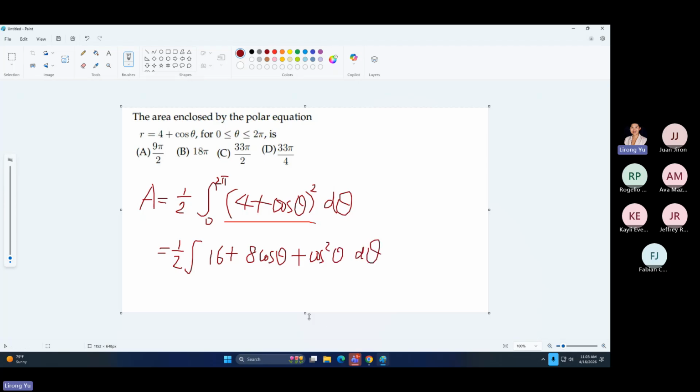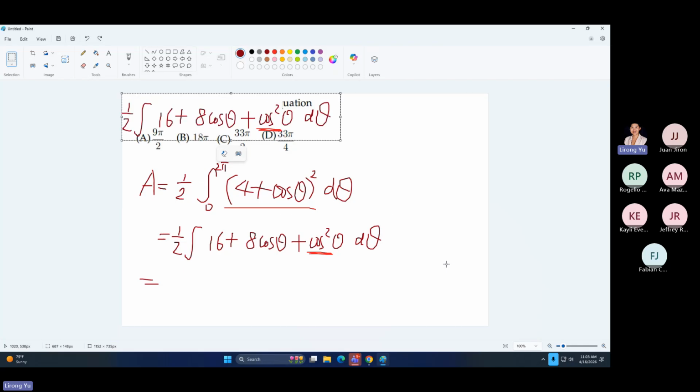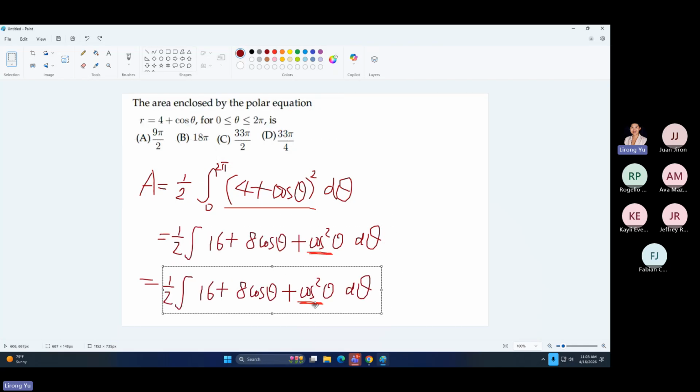So that's the integral, and we still won't be able to integrate it because this part still has to be reduced. We have to write it in a form that's possible to integrate. So let's carry the terms over, except the cosine squared theta.